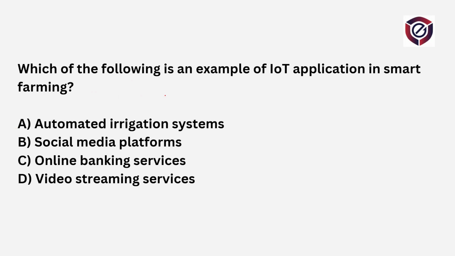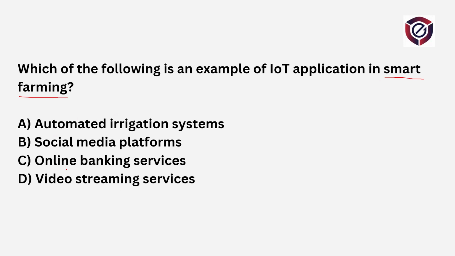Which of the following is an example of an IoT application in smart farming? Whenever we have this kind of application-based question, and these are more in Unit 4, that is for sure, this Unit 4 is known for application-based questions in DCET, just look at the correct option. Look at the keyword here, smart farming. Look for the option which is related to farming.